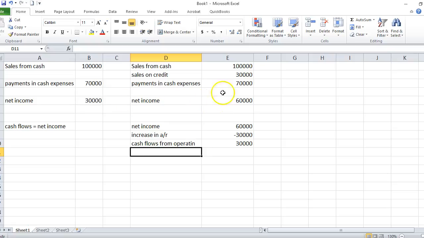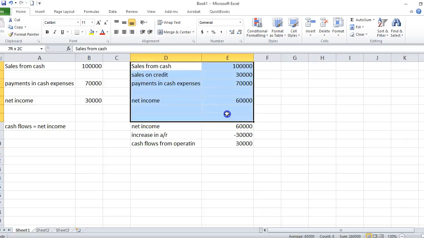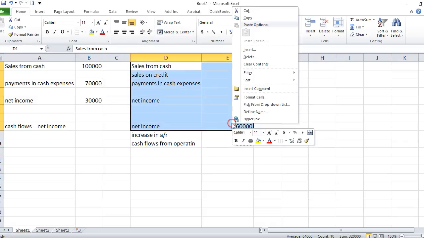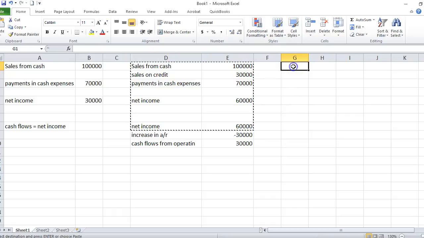It showed we had $60,000 of net income, but $30,000 of this money was due to sales on credit. Remember, our goal here is to try to figure out the cash changes during the period. Not the net income, but how much cash exchanged hands during the period. Let's take this and add something else to it.